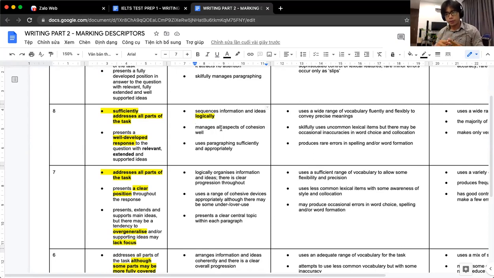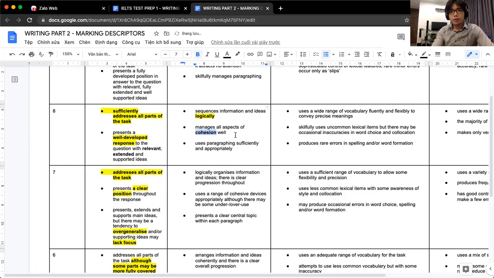How are they relevant? How do they support each other? What is the progression here? The idea A and idea B, right? Are they relevant in any sense? Okay. If we don't see that, right? No coherence.